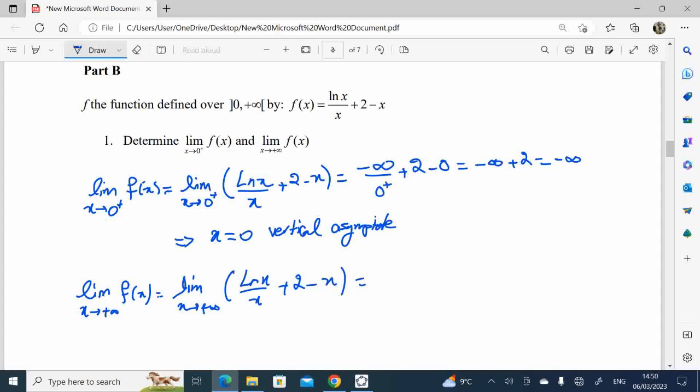So we have a rule that says ln x over x as x approaches plus infinity is 0. So this is a property for ln x. So this approaches 0. So we get 2 minus plus infinity, which will be equal to minus infinity.